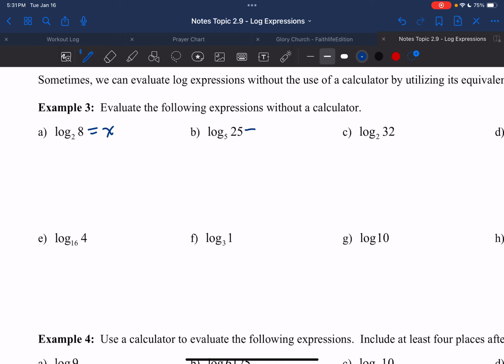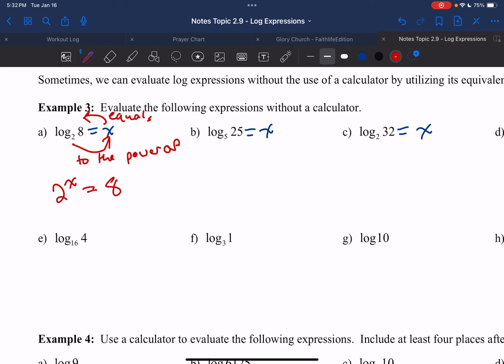So each time for each of these, you might write equals x and think about what x value would have to be here. So remember, draw my arrow every time, to the power of equals. So 2 to the power of x equals 8. 2 to the power of what equals 8.